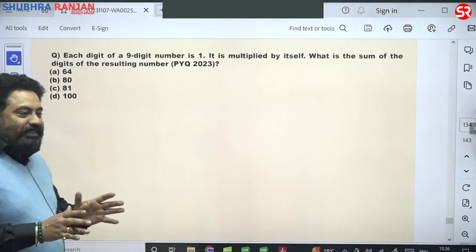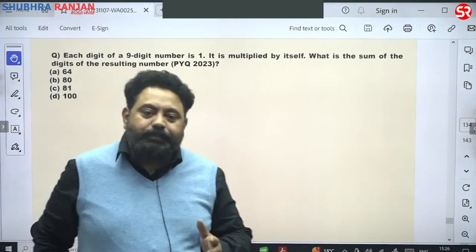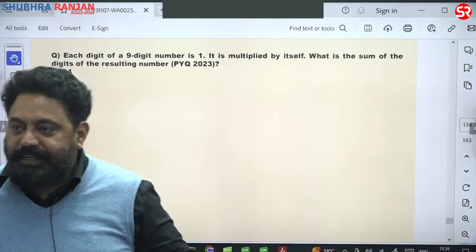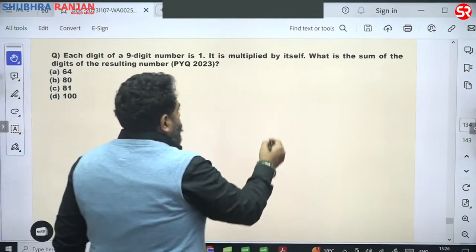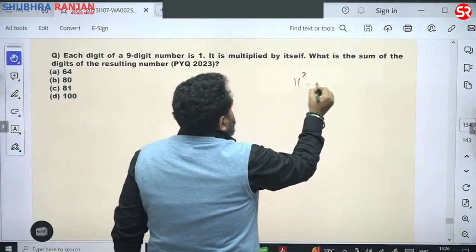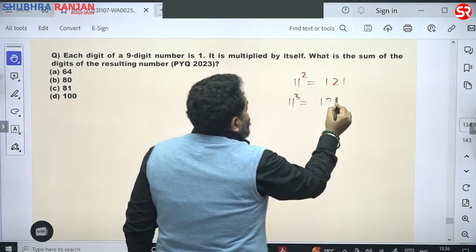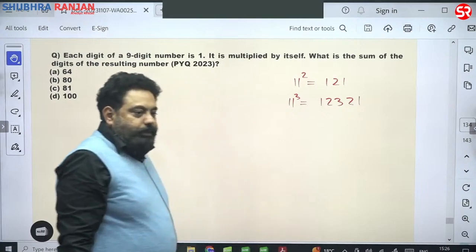Listen to one thing. This is one game we used to play when we were young. They are asking you very basic questions, right? See this. What is 11 square? 121. What is 11 cube? 1, 2, 3, 2, 1.